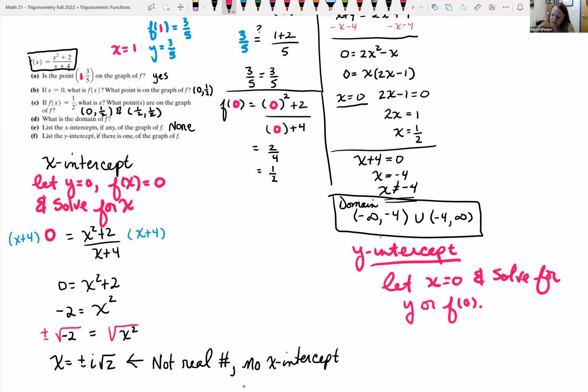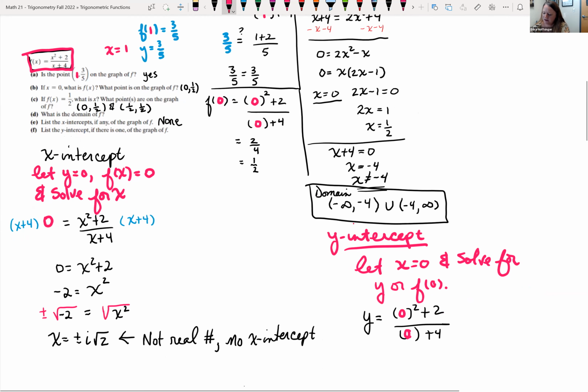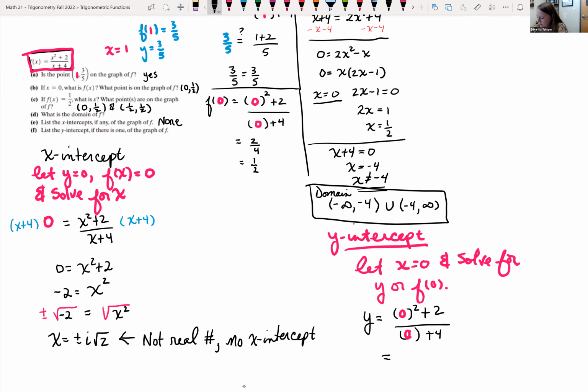So going back up into our equation and plugging in 0 wherever we see an x, we get y is equal to 0 squared plus 2 all over 0 plus 4, which gives us two-fourths, which reduces to 1/2.